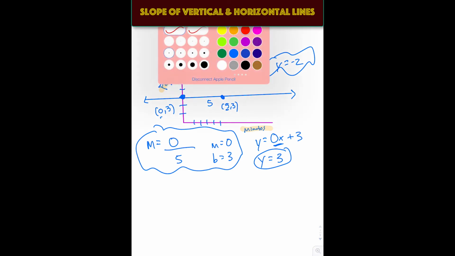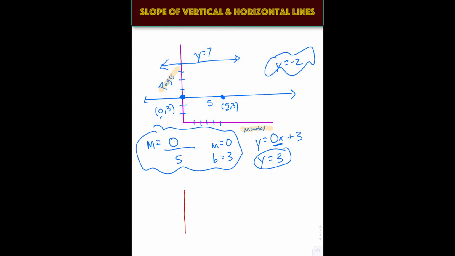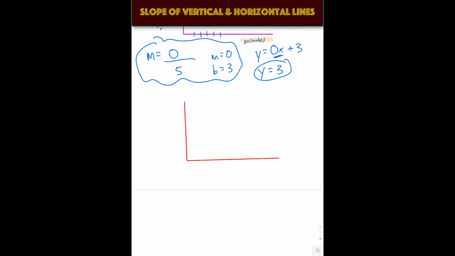The other example we have is a vertical line. We'll just use the same number. We're going to say it's crossing the x-axis at 3. When we go to first think of our slope, again it doesn't really matter, we'll just say 5.